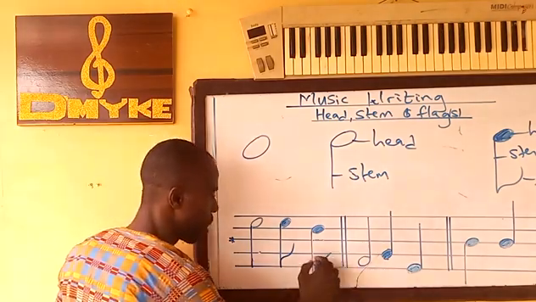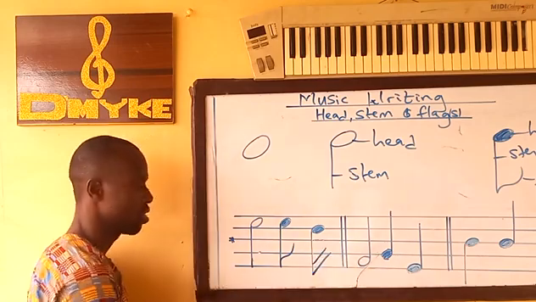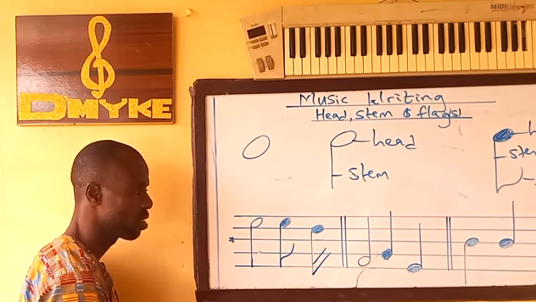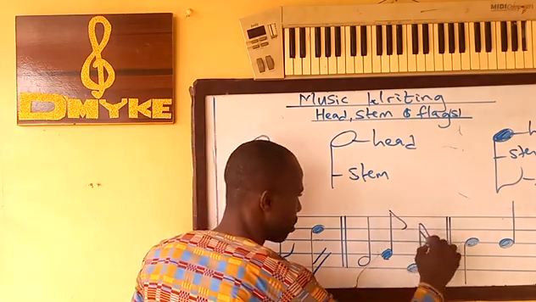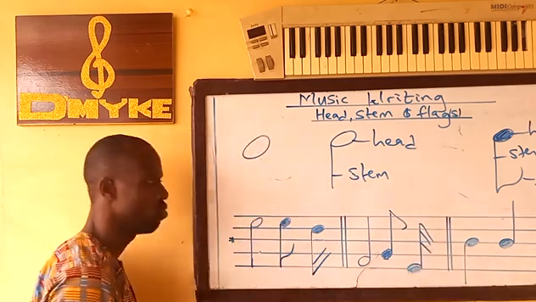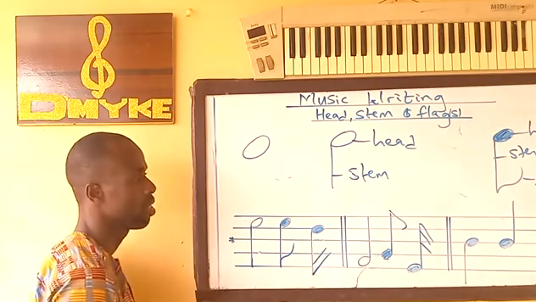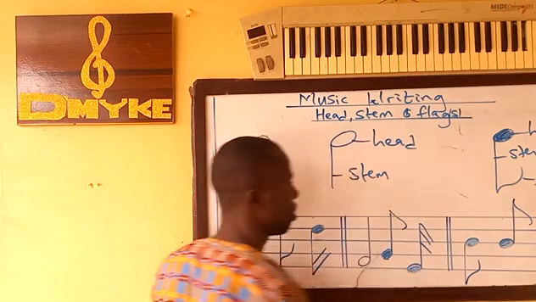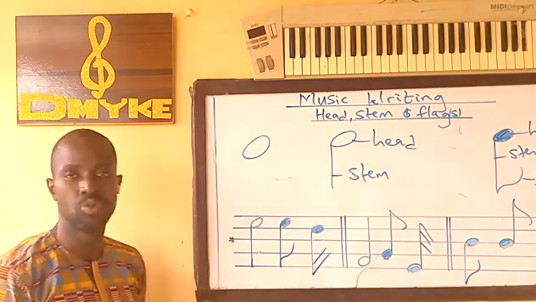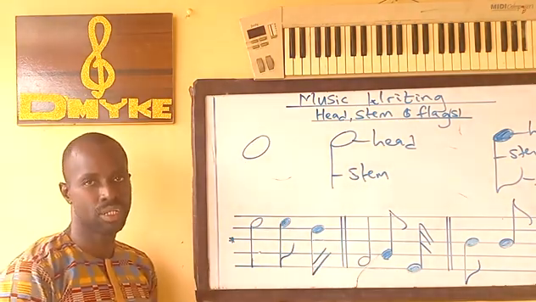If you are having two flags, it's always at the right side. If it's just one flag, it's always at the right side. The same thing happens here. You are good. Now, you have it here also. I can have it this way and have it that way. The flag is always at the right side. Those are the rules.